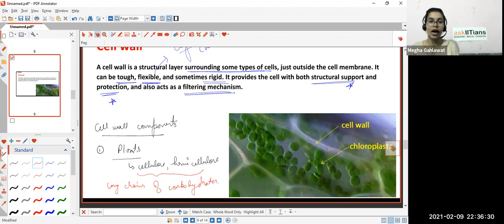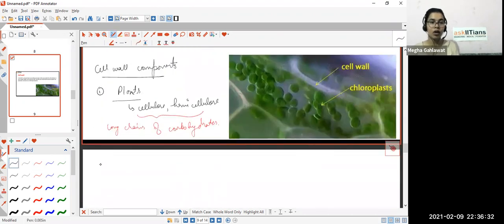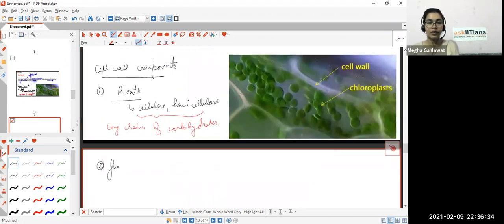Next thing that we have is the cell wall of a fungi, let's say. As I did tell you, the cell wall components could differ completely from organism to organism. Just to prove that point, I'm giving you two examples, one of the plants, one of the fungi. We have chitin, right? Chitin is also a kind of macromolecule.